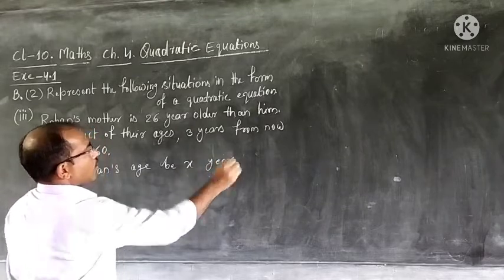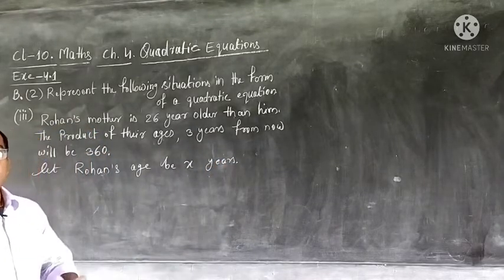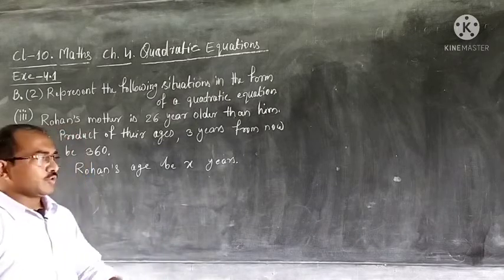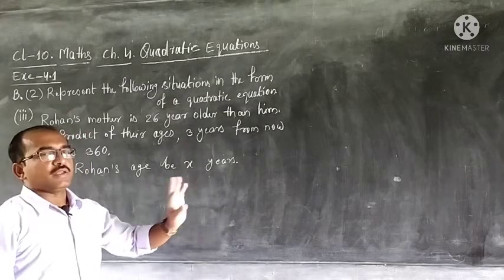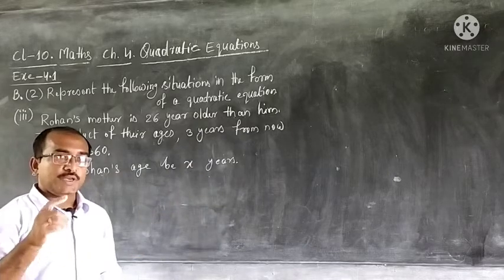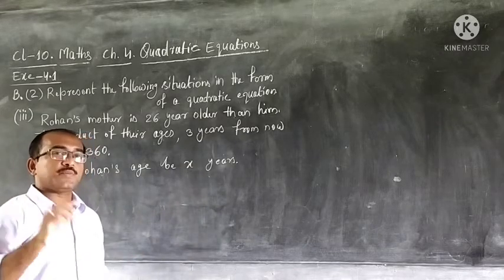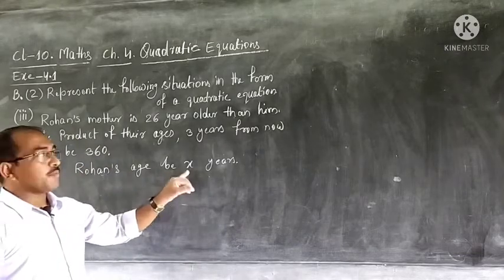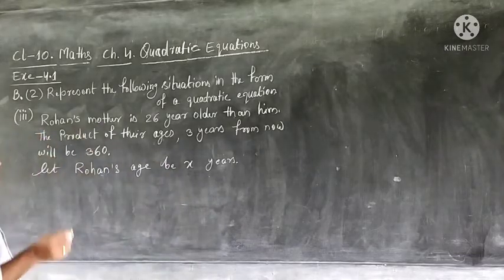We do not know how old Rohan is, but we know about his mother. Mother is 26 years older. If Rohan is 5 years old, the mother will be 5 plus 26. In the same way, if Rohan is x years old, the mother will be x plus 26 years.